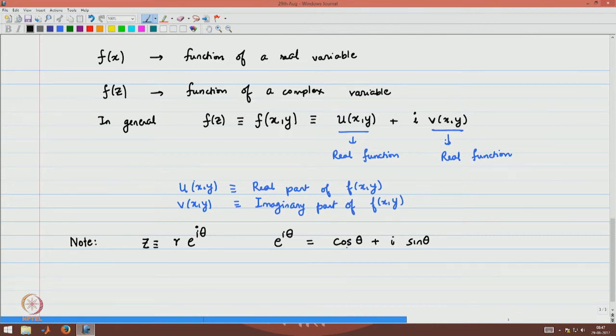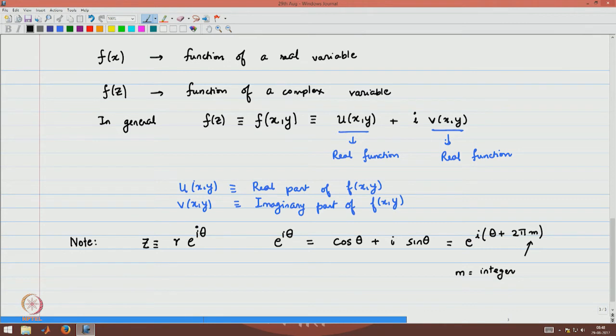Now, cosine and sine are periodic functions, and their period is 2 pi. So, cosine repeats with period 2 pi, similarly sine repeats with period 2 pi. So, I can write this as e to the I theta plus 2 pi multiplied by any positive or negative integer.